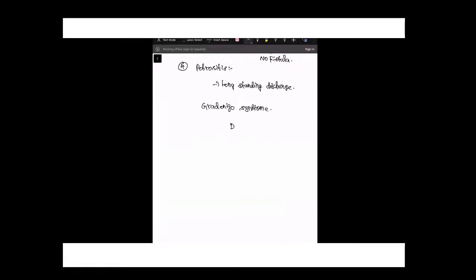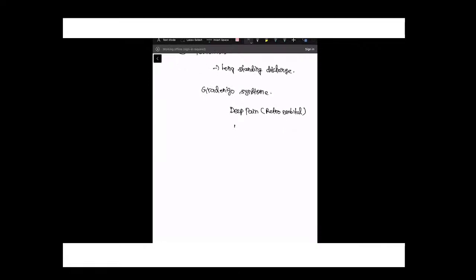There is deep retroorbital pain, and there is diplopia because of lateral rectus palsy.